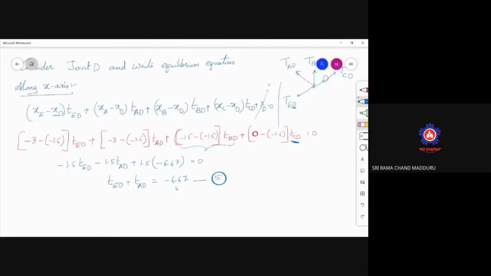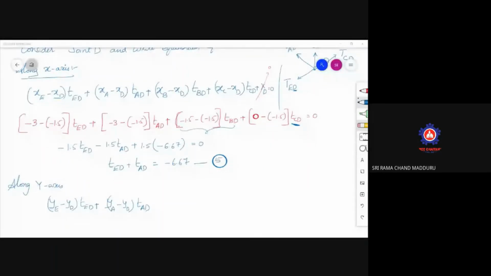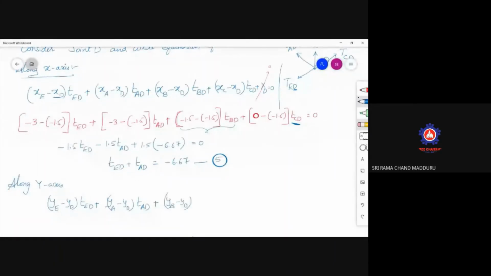Now, if you go along the y-axis, write down the equation along the y-axis: YE minus YD into TED plus YA minus YD into TAD plus YB minus YD into TBD plus YC minus YD into TCD plus capital YD equal to 0. There is no external force acting at D, hence this will become 0.